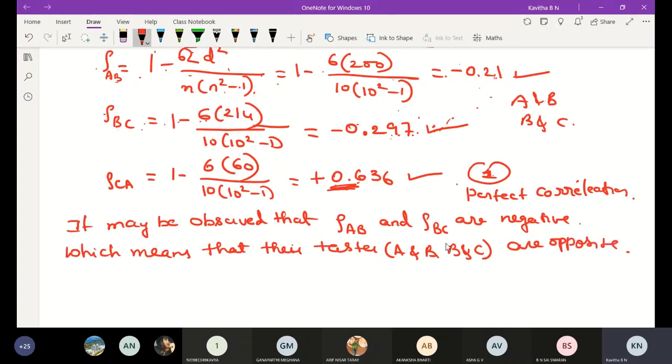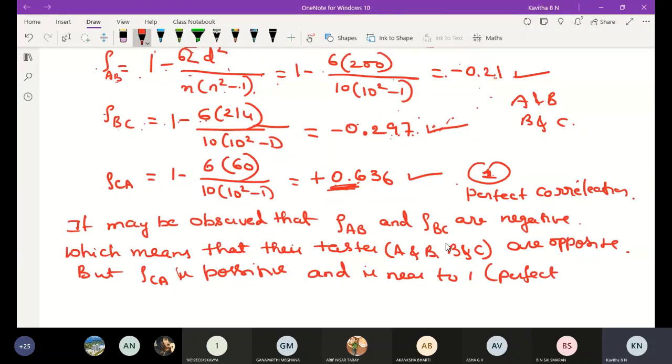Okay. But rank of CA is positive and is near to 1. This is nothing but perfect correlation. Okay, positive and is near to 1 means perfect correlation. Okay, write down. I will give 1 minute time. Then I will start new problem. Okay.